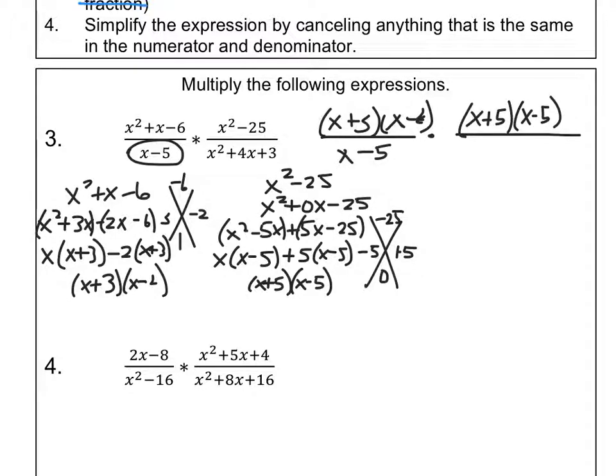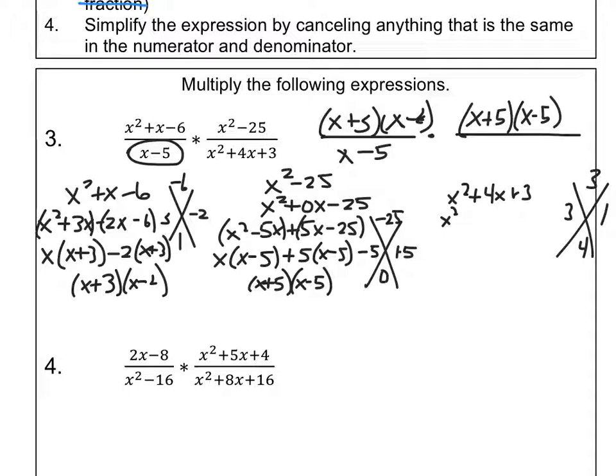Again, anytime you have no middle term, there's no b term there, always put in 0 for it. And then the last one is x squared plus 4x plus 3. Factoring this guy, factors of 3 that add to 4 are 3 and 1.